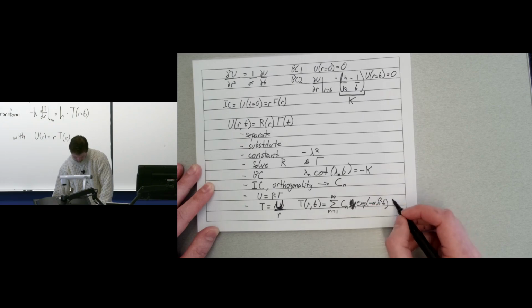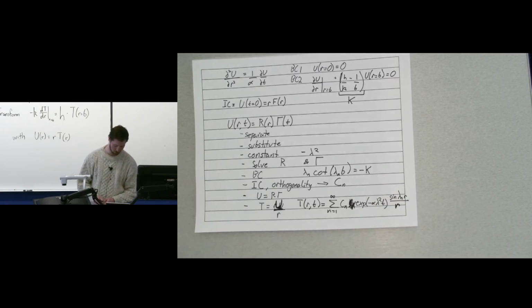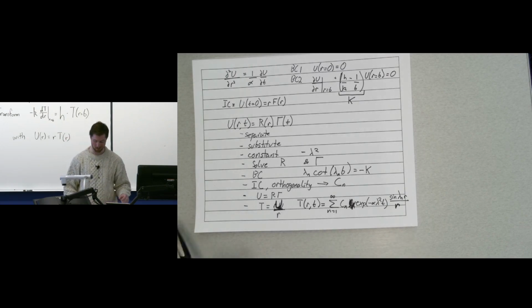That was skipping a step. Sine lambda n r over r. That'll be our function. You can check the solution in the book. It's example 5.3. If you know all the steps, it's the same as Cartesian and cylindrical.